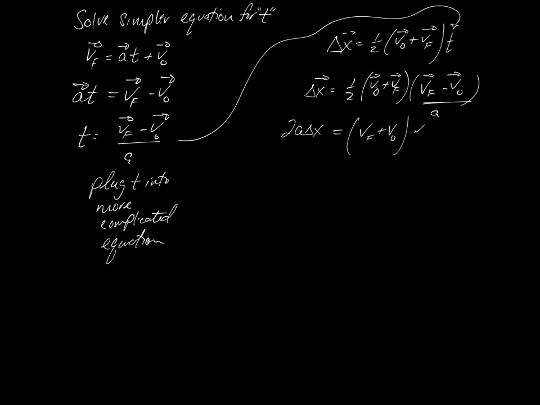And then this one is v final minus v naught, right? And again, these are vector quantities. So this is interesting because you may remember that this is actually a difference of squares. So this is v final squared minus v initial squared. That's kind of cool.